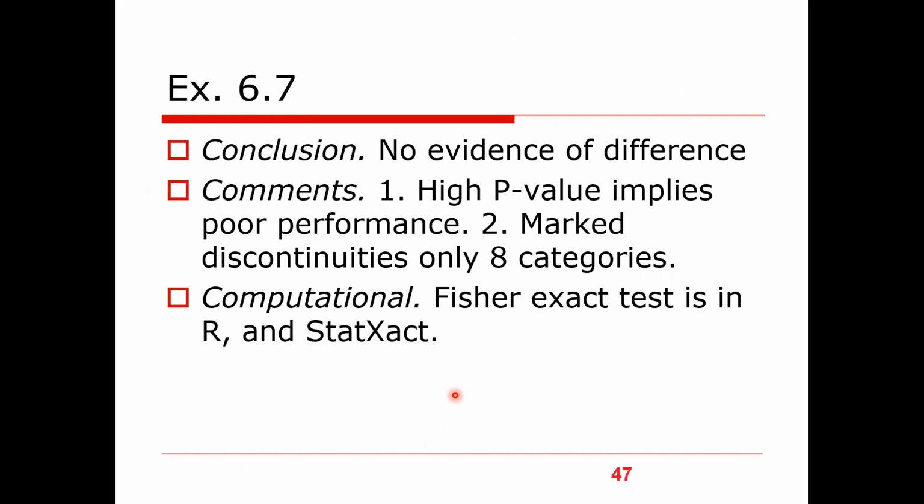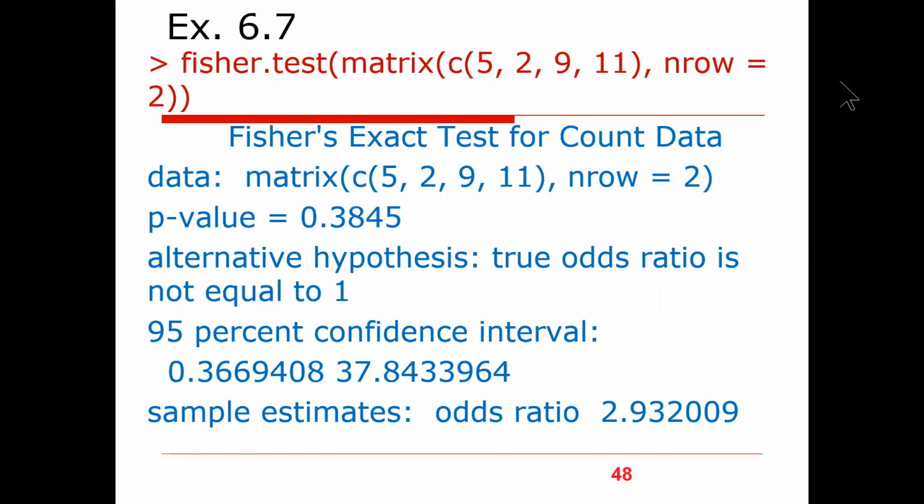Okay, if we use the t-test and the Wilcoxon-Mann-Whitney test for this problem, then the p-value would be much lower because the asymptotic result is continuous. If we use R for the exact test, the function is fisher.test, Fisher's exact test.